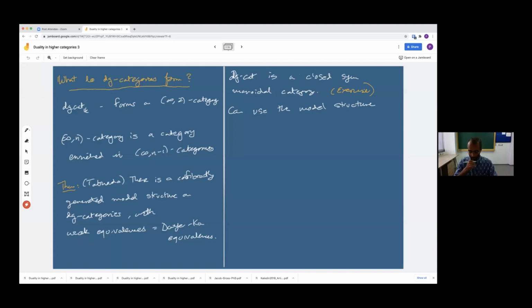Okay. So we can use the model structure to compute the tensor product. And so you get a derived tensor product, and then Toen gave a description. So there's a theorem due to Toen.